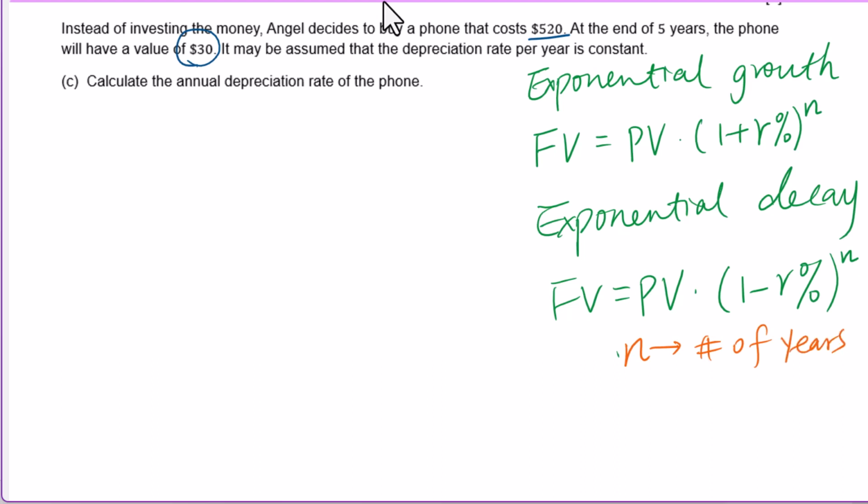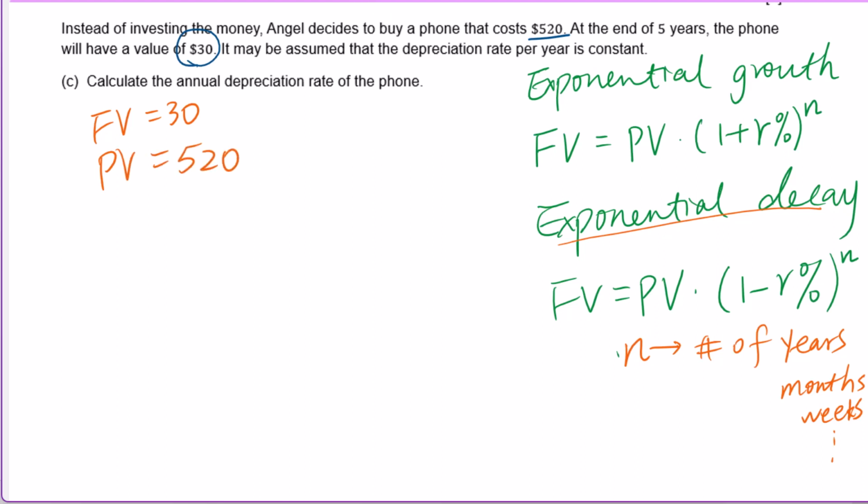Sometimes it means years, sometimes months, sometimes weeks, and so on. For this question, we could say this is exponential decay. We are given future value equals 30, present value equals 520, and n equals 5.